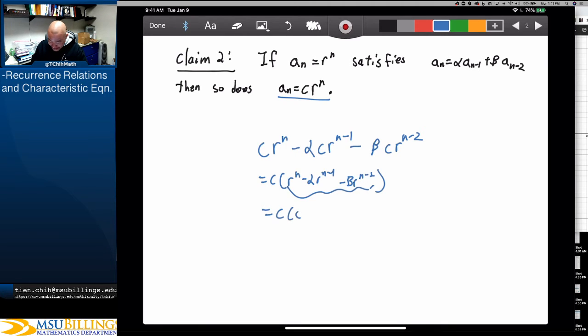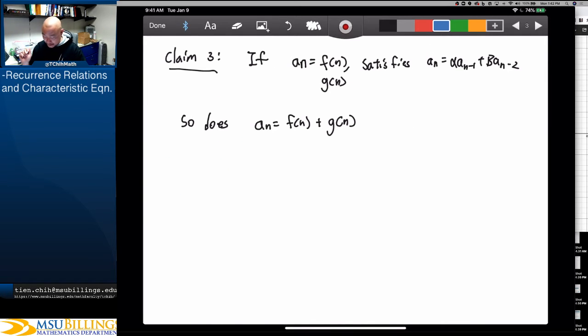So all of that has to be 0, and again this whole thing is 0. So the second claim is that if I have any solution to the recurrence relation, I can multiply that solution by any constant, and that also gives me a solution to the recurrence relation. So not only can I take roots of my characteristic equation, I can also take multiples of my roots of the characteristic equation. All right.